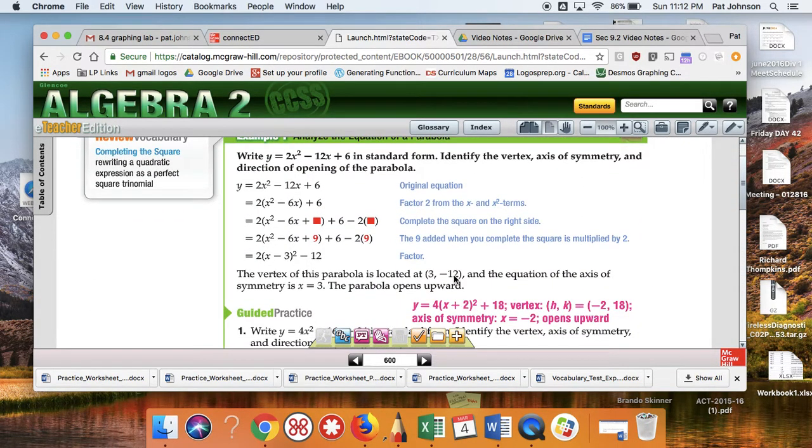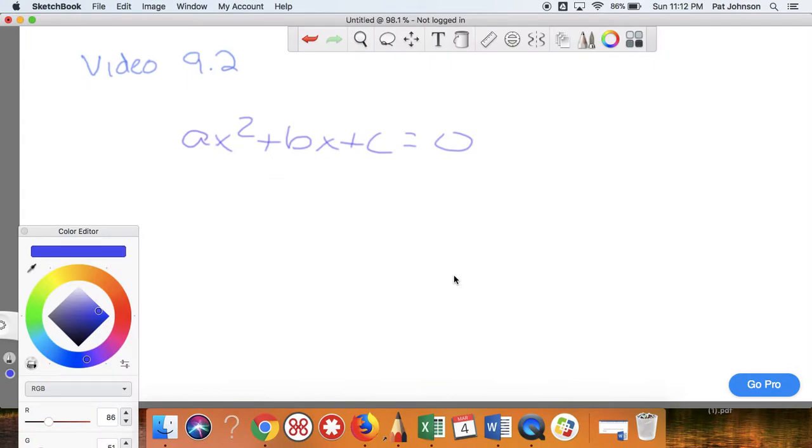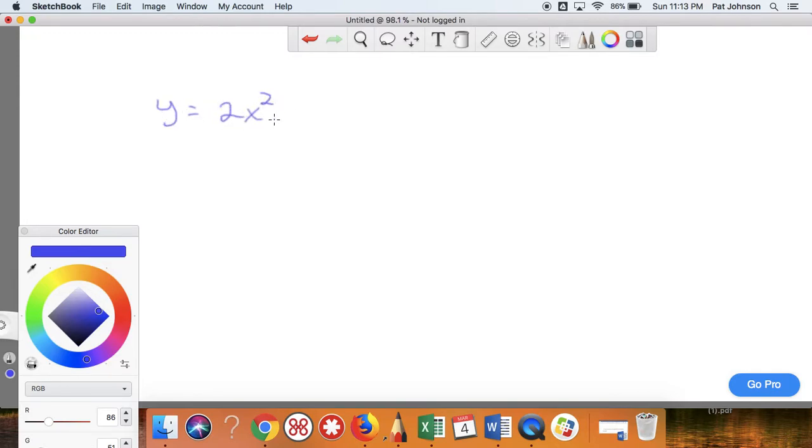So let's look at example 1. They want us to write this in standard form, because it's given in general form, and identify the vertex and axis of symmetry. Well, what we need to do here is complete the square. Remember, we completed the square when we solved an equation, or when we put it in vertex form. So we have y equals 2x squared minus 12x plus 6. The first thing we want to do is group this.